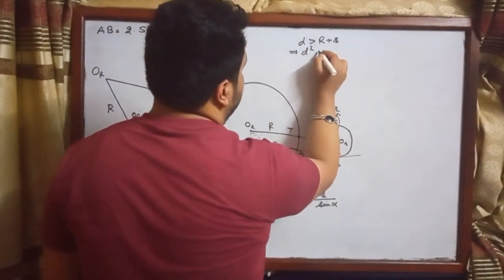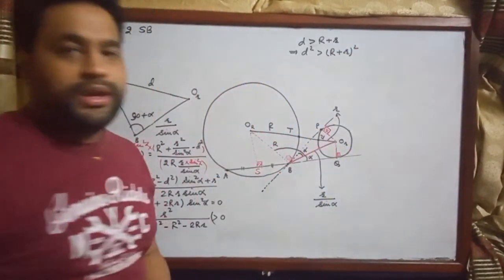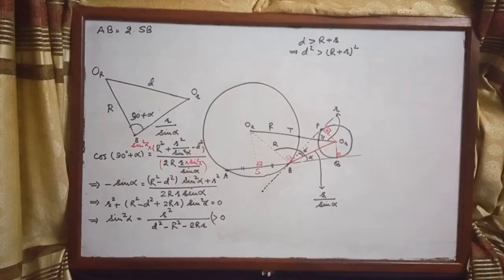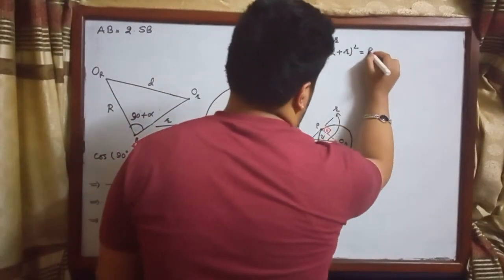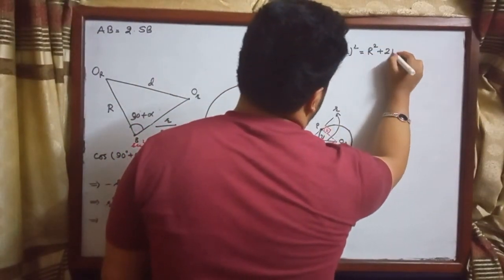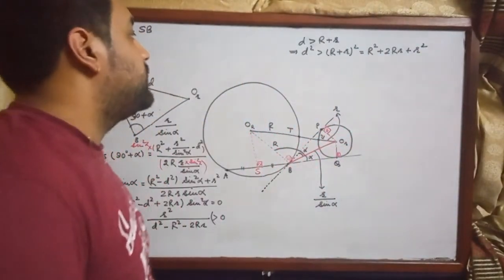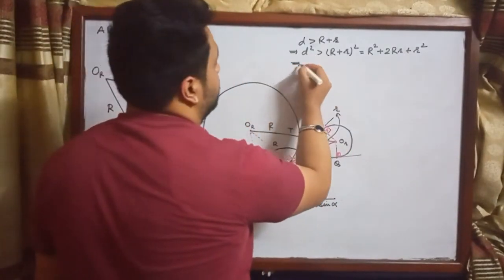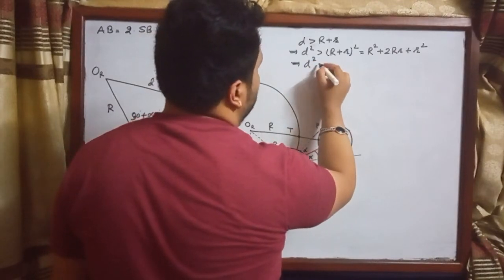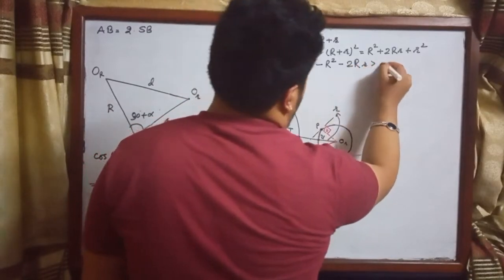This will give us D squared is greater than R plus r squared, and this will be equal to R squared plus twice R r plus r squared, and if we take this over here, we're going to get D squared minus R squared minus twice R r is greater than r squared.